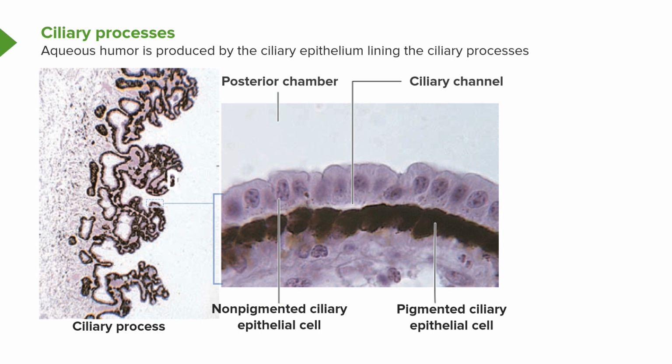They're cuboidal cells. And then below them are the pigment ciliary epithelial cells. And then below those cells is going to be the stroma of the ciliary body. And again, let me remind you that this double epithelial layer is the non-neural extension of the retina.